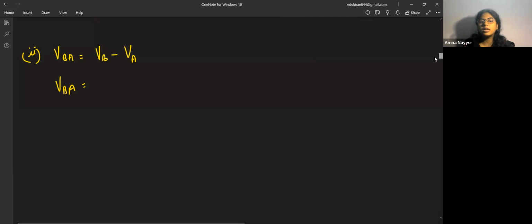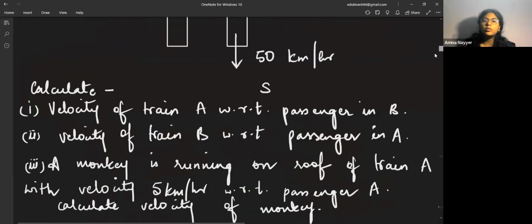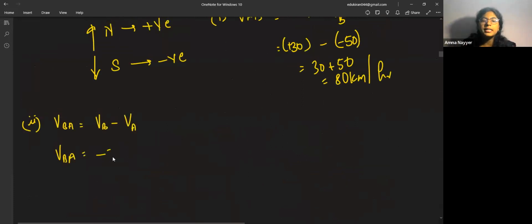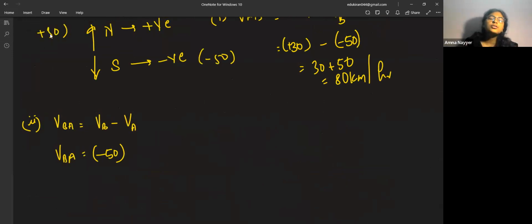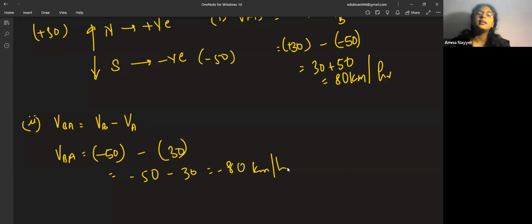So train which is coming downwards is 50, so that becomes minus 50, and this is plus 30. So minus 50 minus 30, which is minus 80 kilometer per hour.